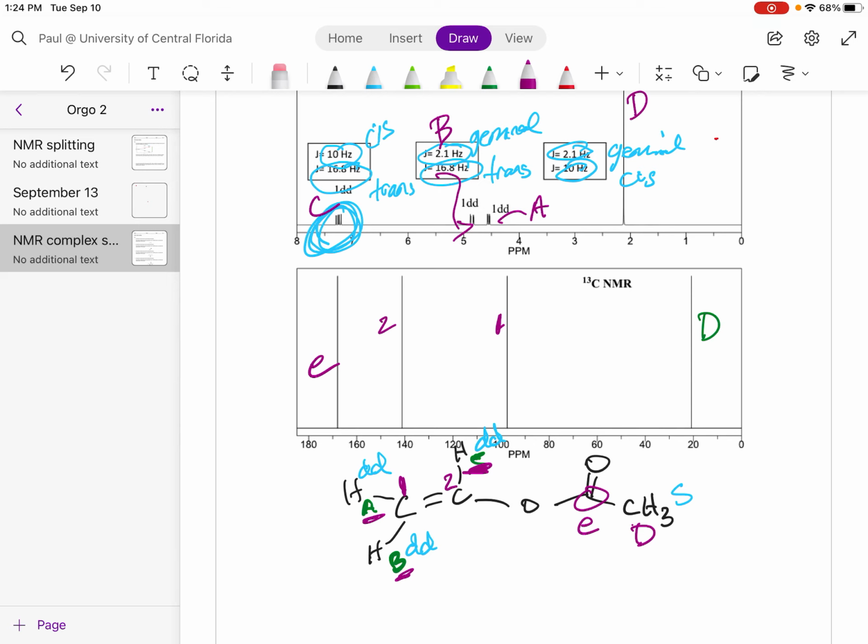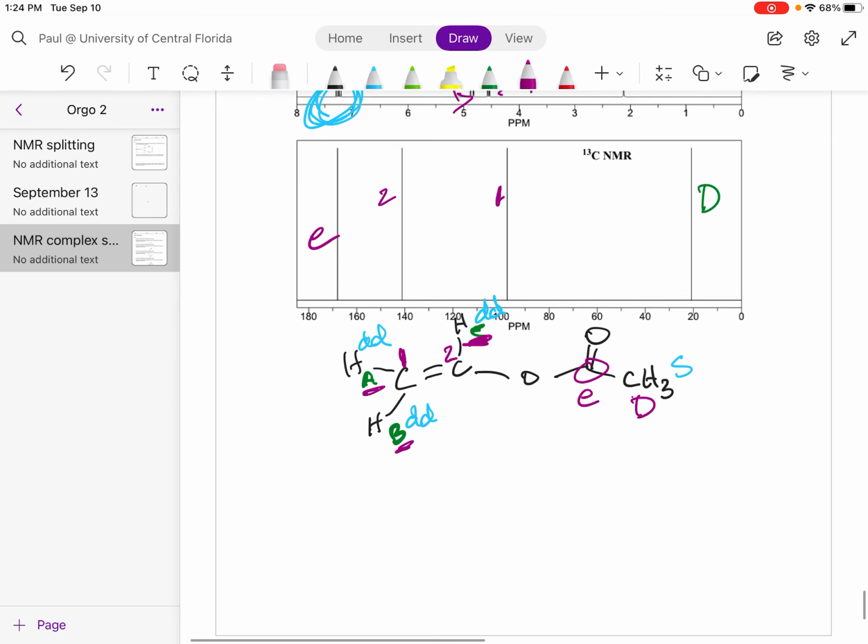Now, someone asked a very good question about drawing another structure that looks like it will work. And good job if you came up with this structure right here. Let's say you had our CH3 attached to an oxygen like that, and then we did it like that.